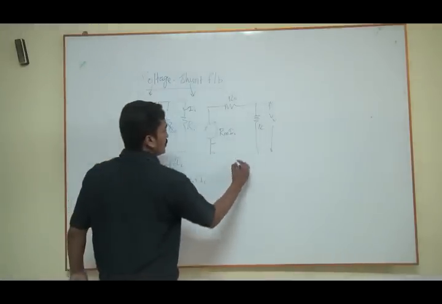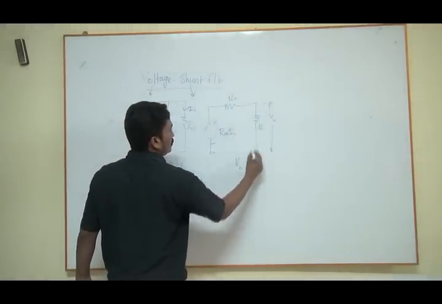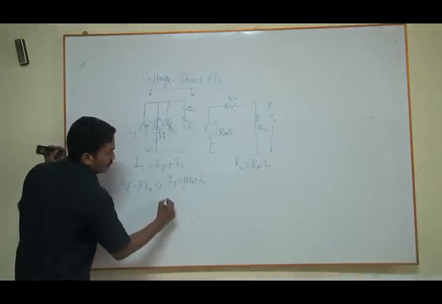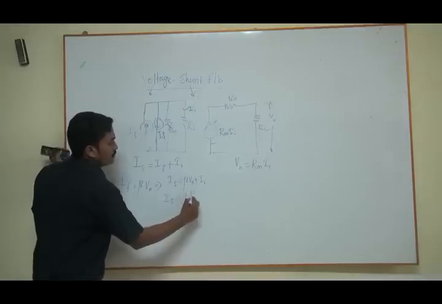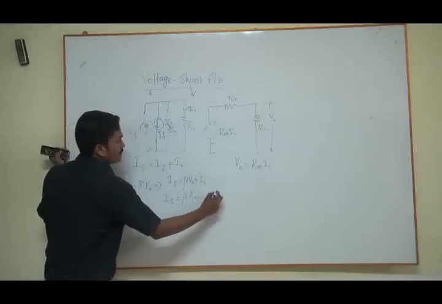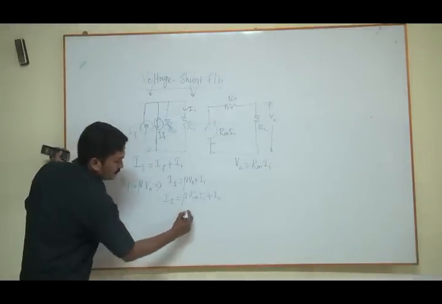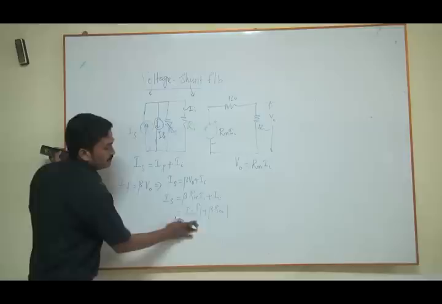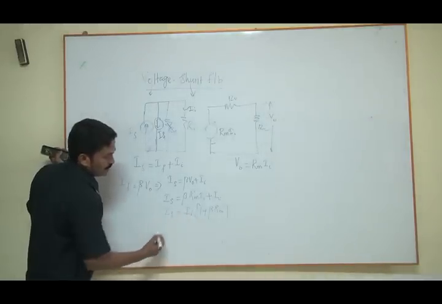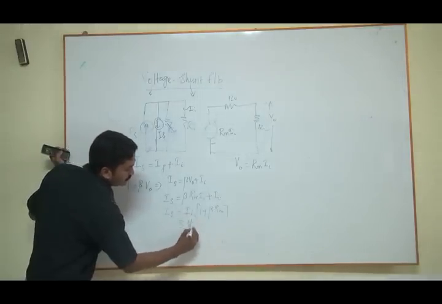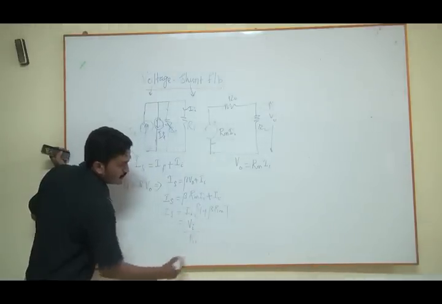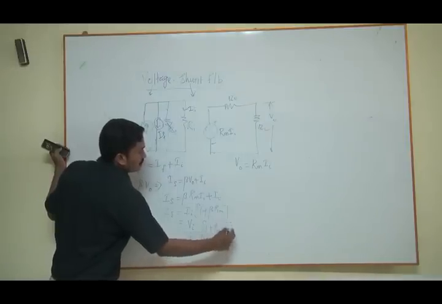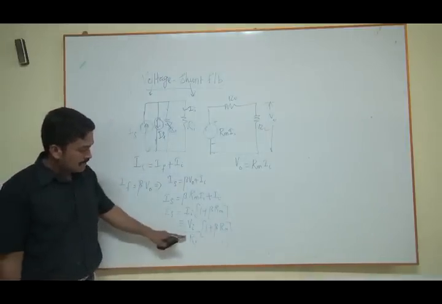And let us come to the output side circuit. It is V naught equal to Rm II. Substitute here. So IS equal to beta Rm II plus II. Take II common, you will get 1 plus beta Rm, and one can write II in terms of VI by Ri into 1 plus beta Rm, and you rearrange the equation.